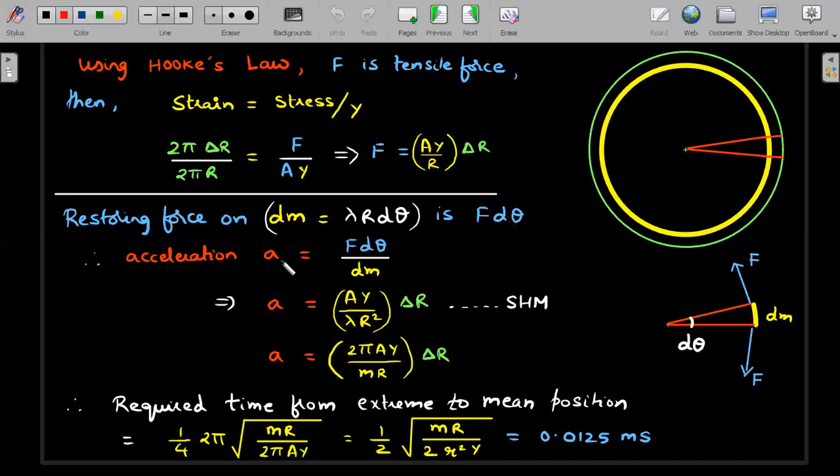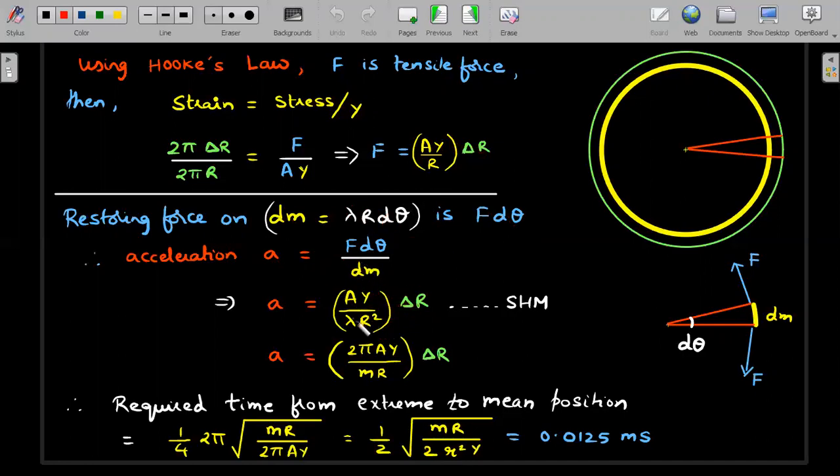The acceleration on that particular element would be the restoring force divided by the mass of that element, which is nothing but lambda into r d theta, where lambda is the mass per unit length. For F d theta and lambda r d theta, d theta gets cancelled, and F I'll substitute from here. Can you see? And for dm I'll substitute from here.